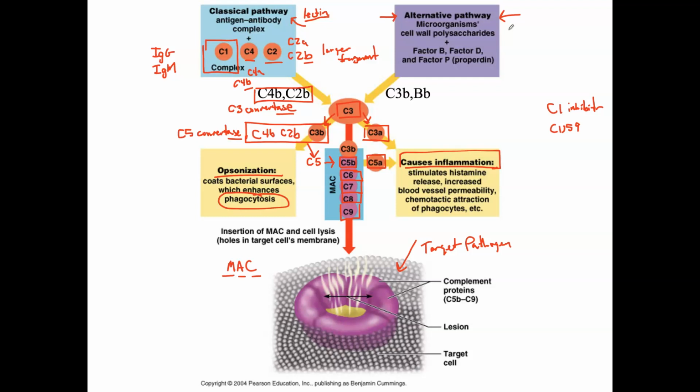So we saw in the classical pathway that the C1 complex can actually interact with IgG and IgM in order to start that classical pathway. The alternative pathway doesn't need specific antibodies to start the pathway moving forward.